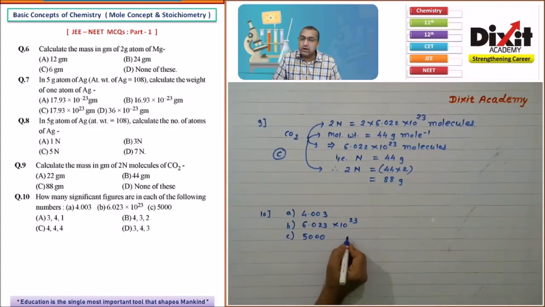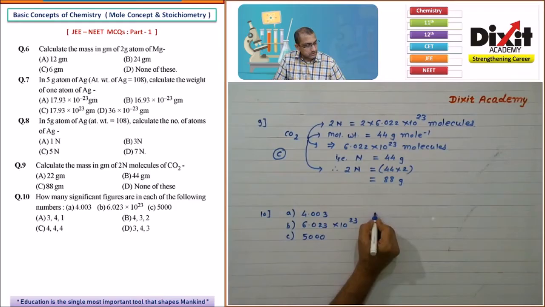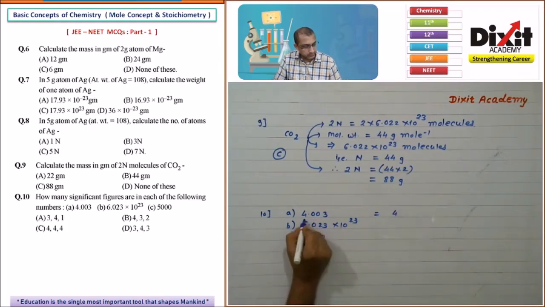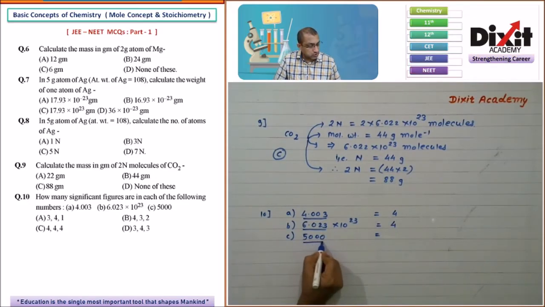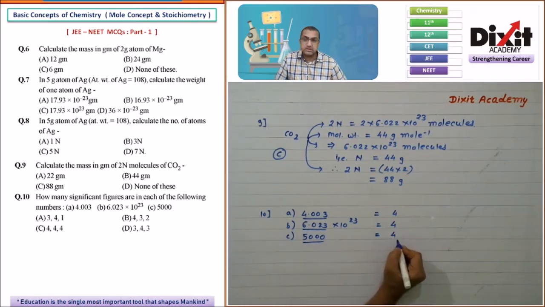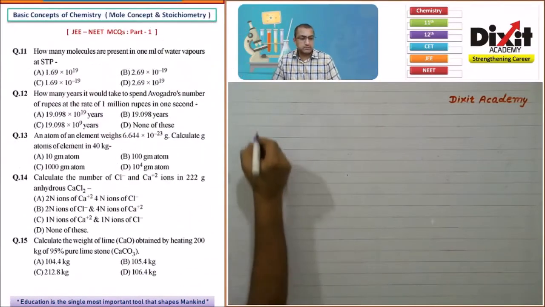Now we are going to calculate significant figures. So for this number, significant figures are 4. All the 4 are significant. For B, again the significant figures are 4. In 5000 also the number of significant figures are 4. So option is C.